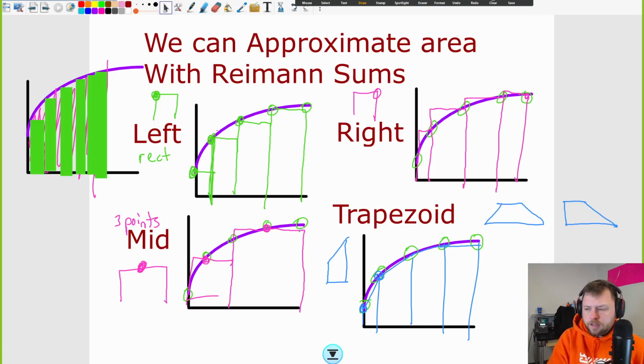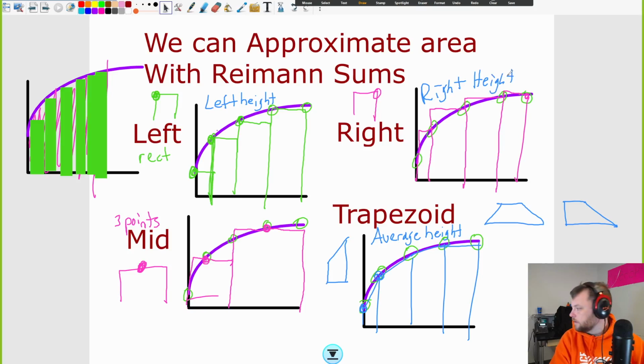Now, another thing when we're doing trapezoids, I like saying that we're going to be taking the average height. So where the left rectangle is taking the left height, and the right is going to be taking the right height, and the midpoint's going to be taking the middle height, the trapezoids, I like thinking of this as taking the average height.